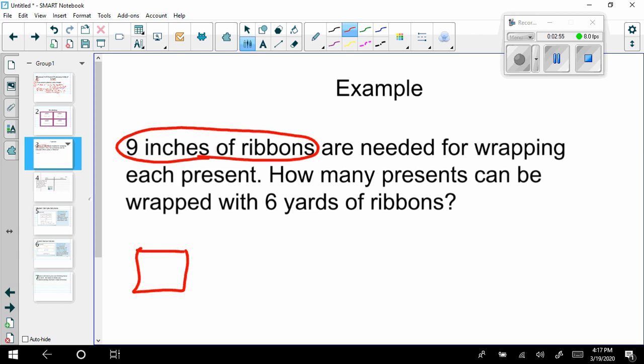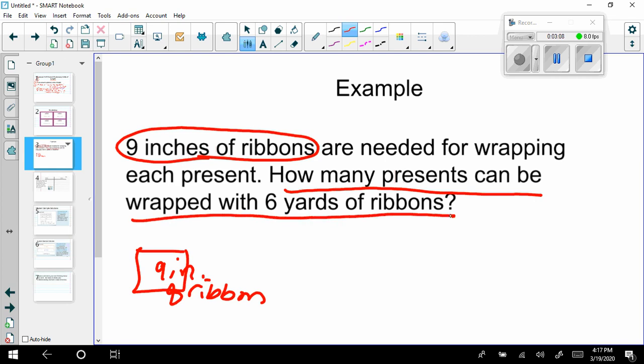So here's a present, and it's going to take 9 inches of ribbon. How many presents can be wrapped with 6 yards of ribbon? So 9 inches of ribbon does 1 present, and you have 6 yards.